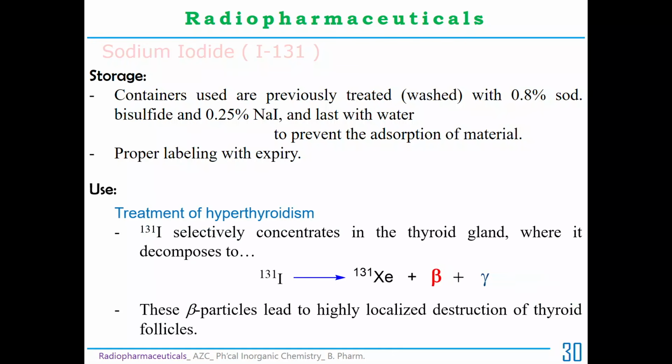Use in treatment of hyperthyroidism. Iodine 131 selectively concentrates in the thyroid gland, where decomposes to xenon 131 with emission of beta and gamma rays. These beta particles lead to highly localized destruction of thyroid follicles.